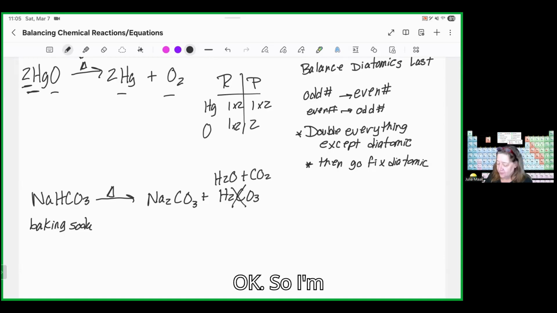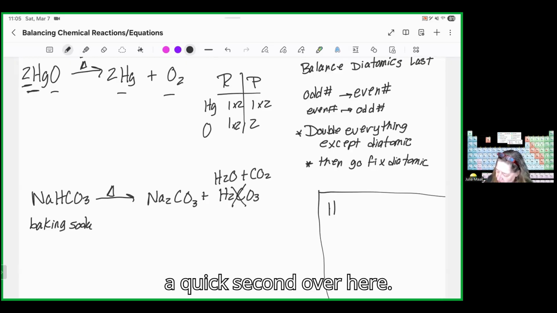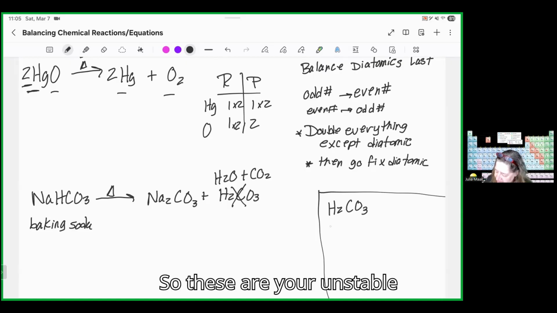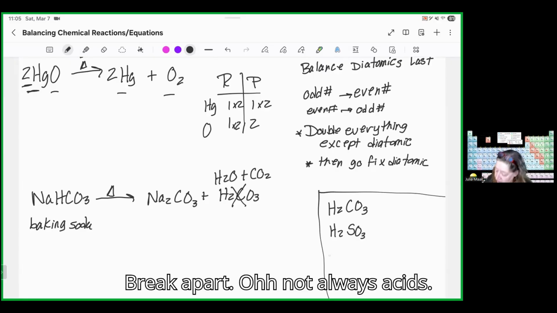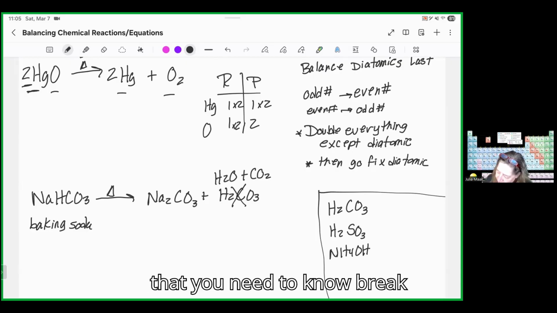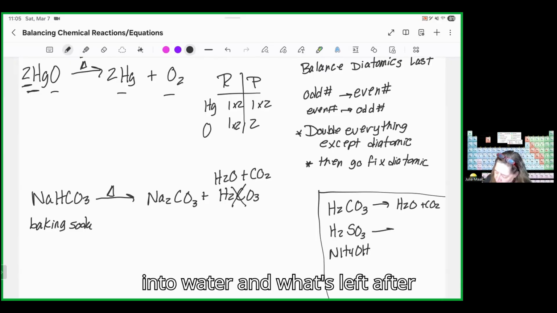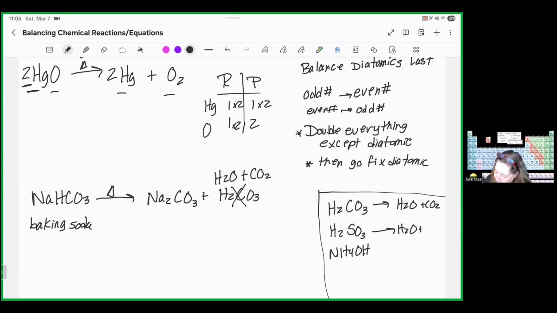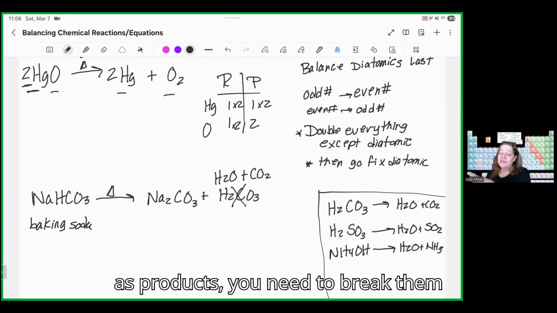So I'm going to sidebar for just a quick second. These are the unstable ones that you need to know break apart. And they always break apart into water and what's left after water. If you get those as products, you need to break them apart.